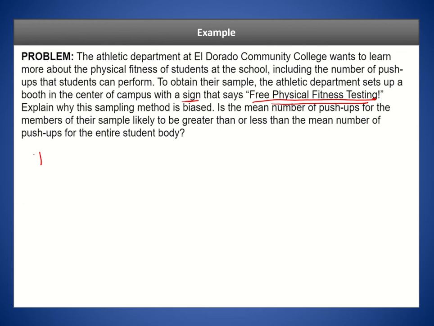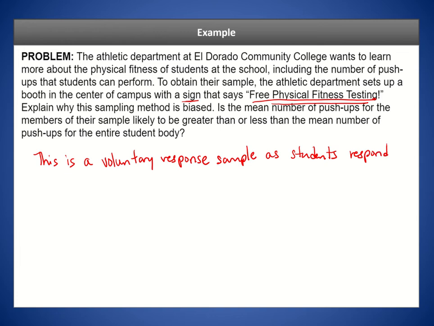So this is a voluntary response sample. Students respond to an invitation. They may decline, they may accept the invitation for the study, but the idea is that you're not getting a representative sample.